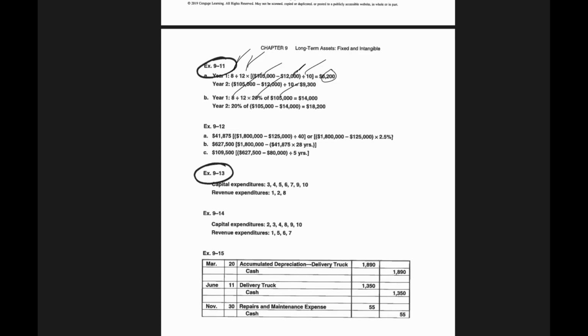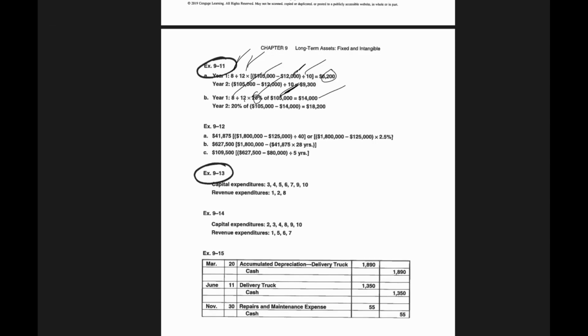So in year 1, you have your $105,000 asset. It's a 10-year life, so 1 divided by 10 is 10%. Double it, 20%. And again, we take it times 8/12 of the year. Notice we got more depreciation.